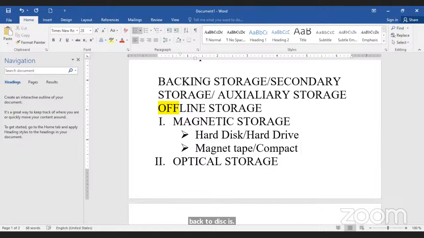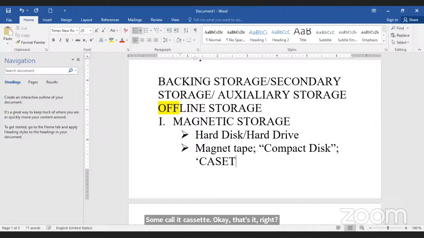Let me just quote it: compact disk, or some call it cassette. Okay, cassette, right?